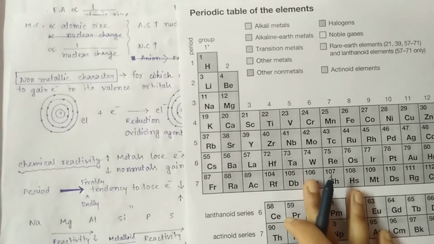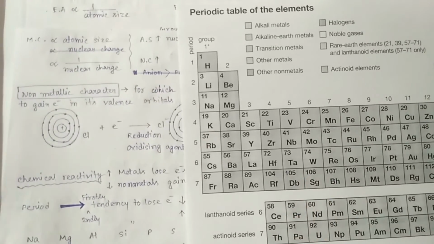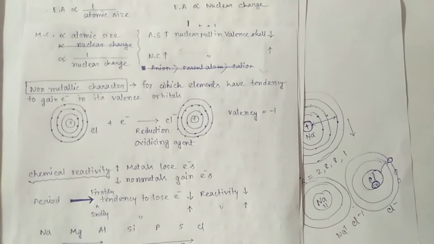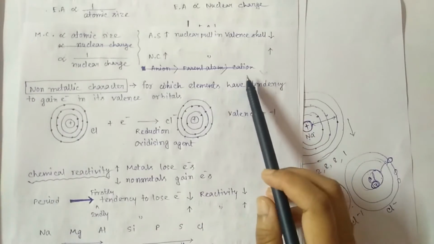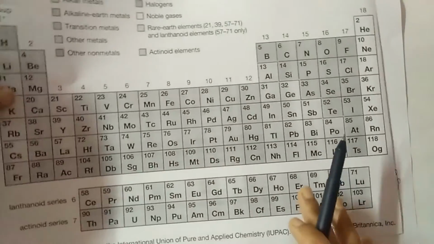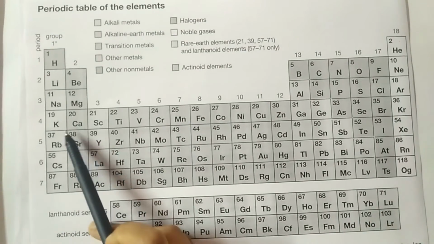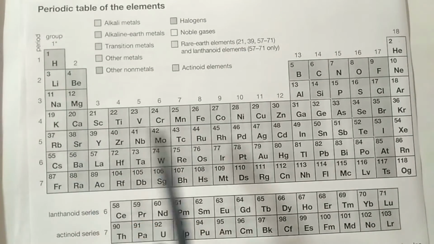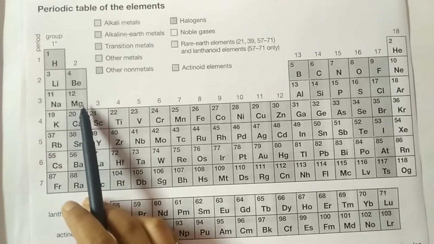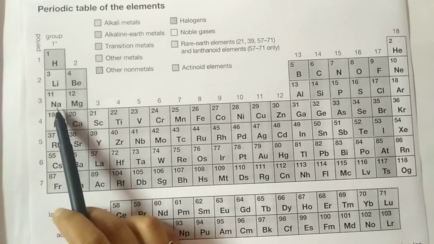Similarly, it has an inverse relationship with nuclear charge, because if we increase nuclear charge, the nuclear pull on the valence shell increases. For example, if we move left to right in a period, we see that there is the same number of shells, but the effective nuclear charge is increasing from sodium to chlorine.